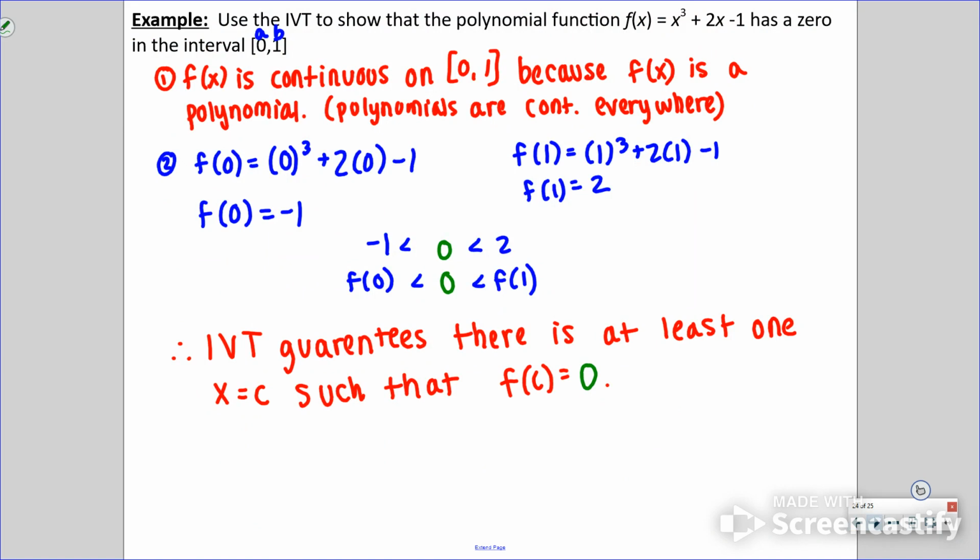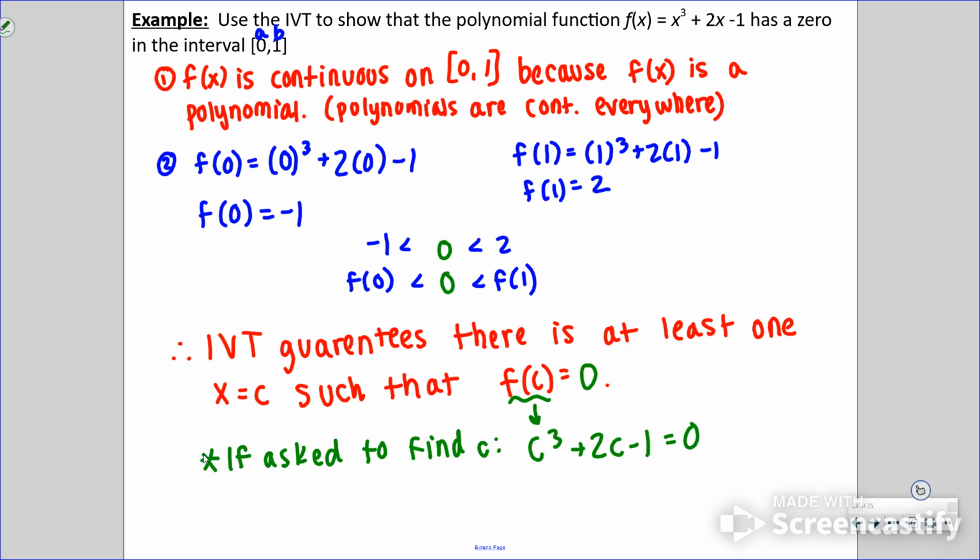So this one, if you were asked to find the c, f of c would be c cubed plus 2c minus 1. And in this case, we're trying to figure out if that was equal to 0. So this, you don't know how to factor. So this, you would just type into your y1 and figure out when it equals 0.